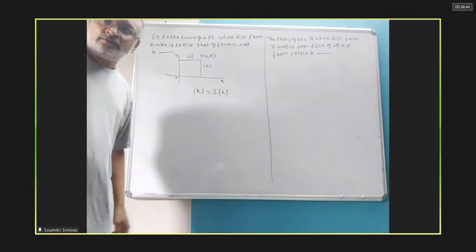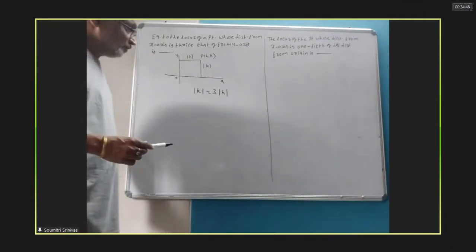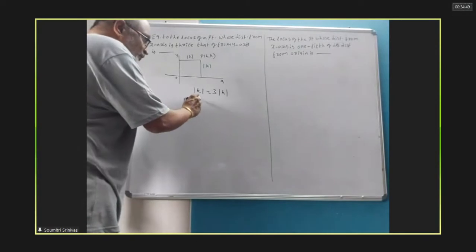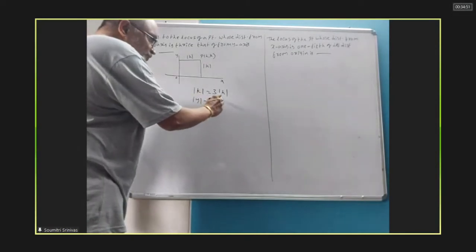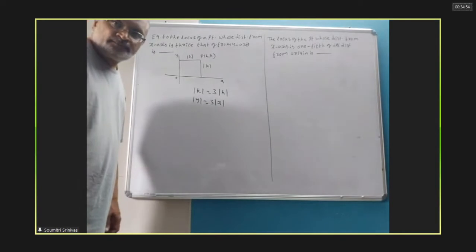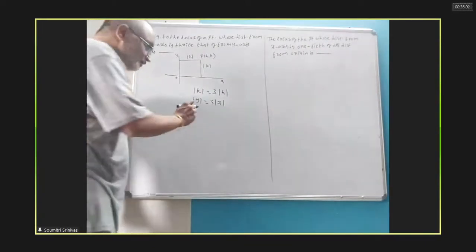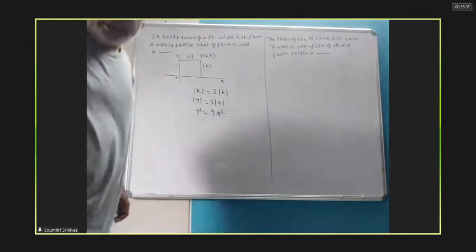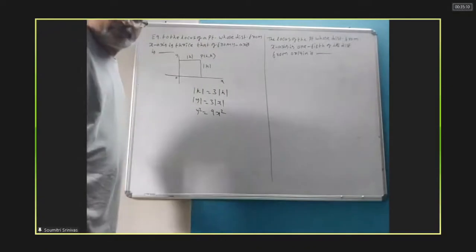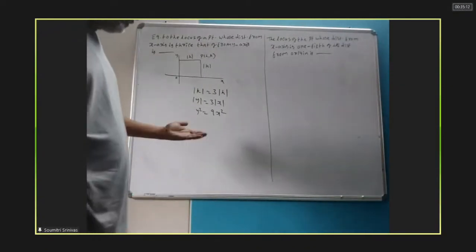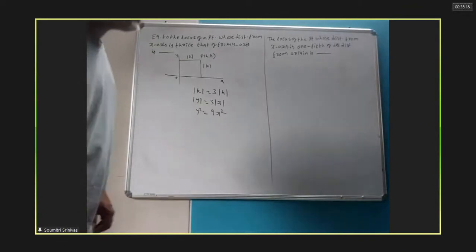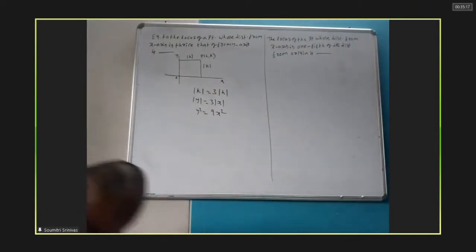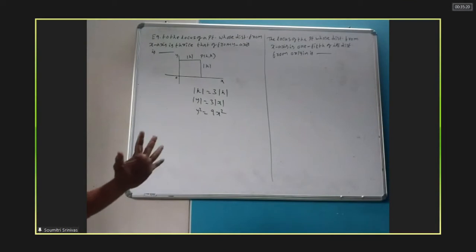No. Mod y is equal to... Next, you can't leave it like this. What will we do? Square. That's it. Next, there is nothing. Just convert into mathematical form.